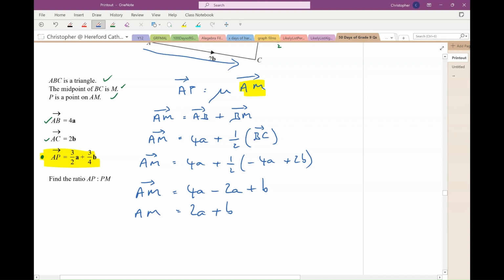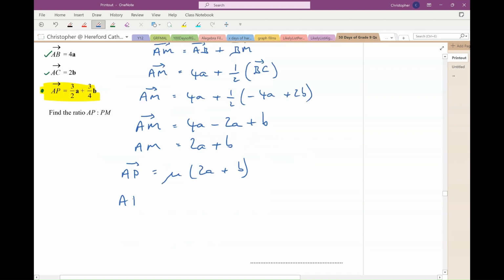Okay, now remember that AP is mu times AM. So therefore AP is mu times AM, which is mu times that. So AP is 2 mu A plus mu B. But wait a minute, because I also know that AP is 3/2 of A plus 3/4 of B. So look at that.